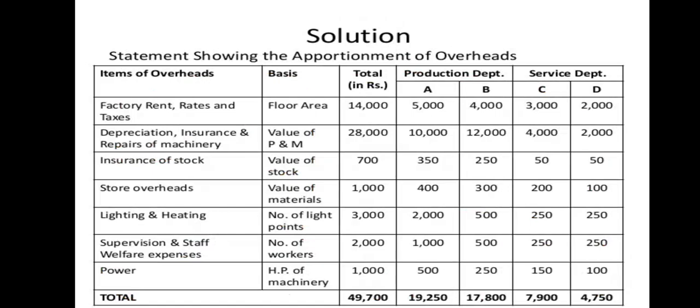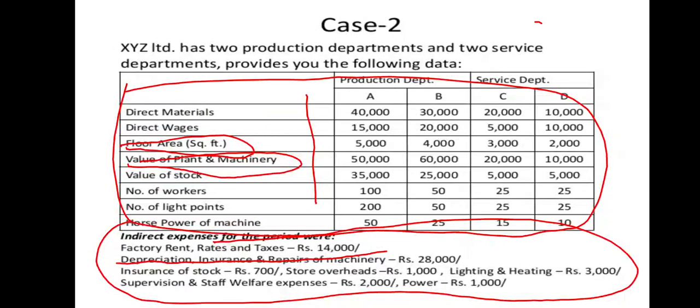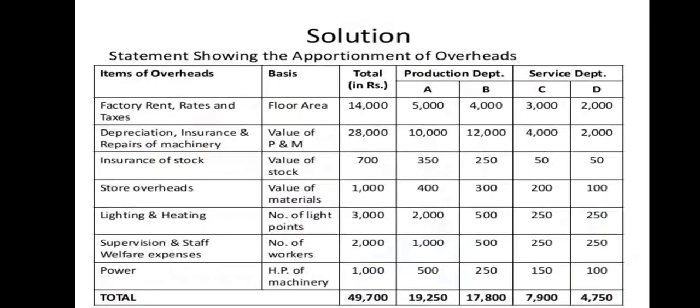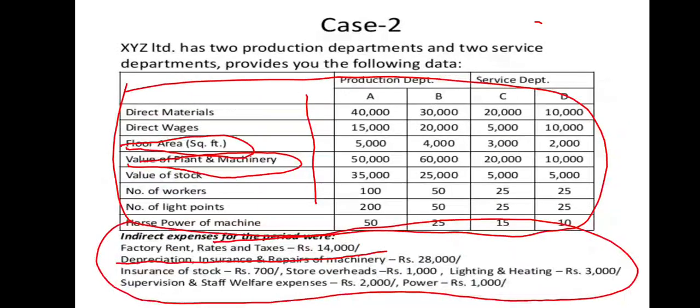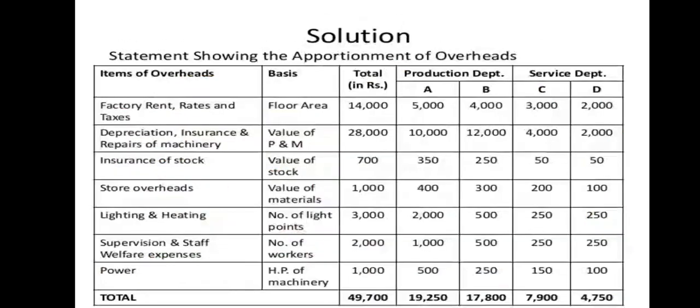That will be 10,000 for production department A, 12,000 for production department B, 4,000 for service department C, and 2,000 for service department D. So 5:6:2:1 totals 14, so we need to take 14, in the sense 2,000 will come. So we need to take like that. Okay. Yes. Next one.